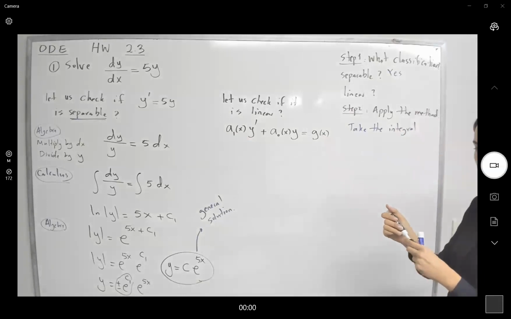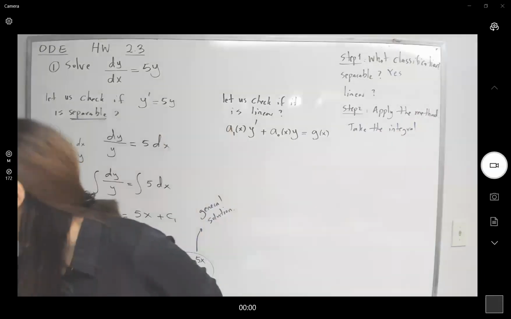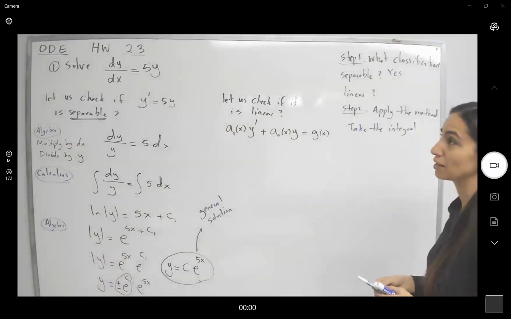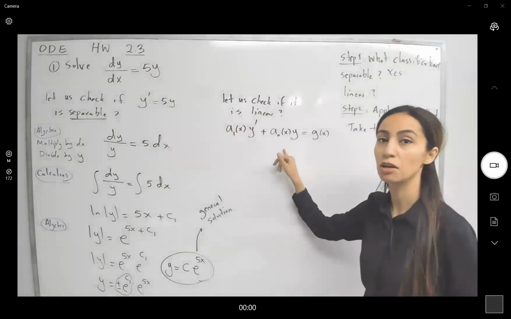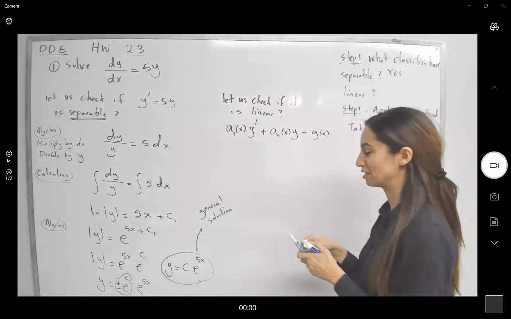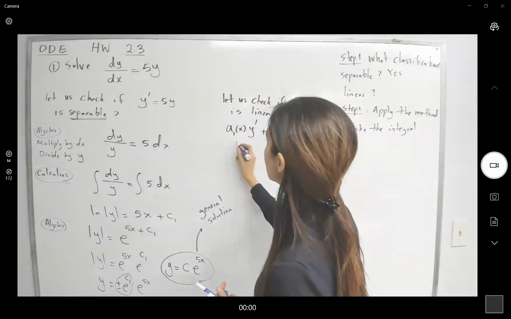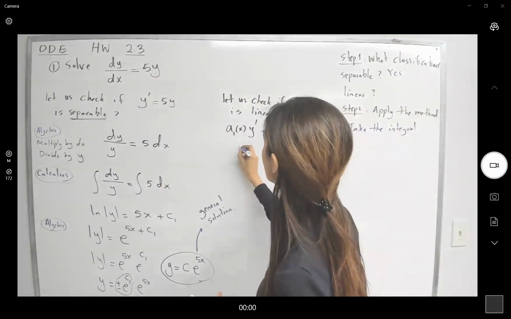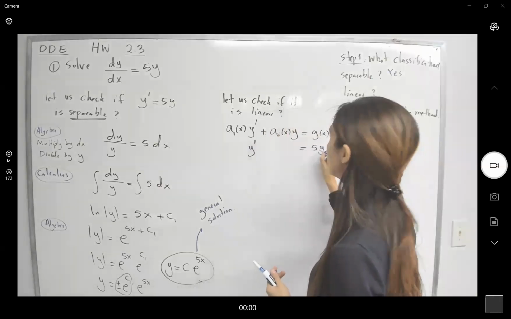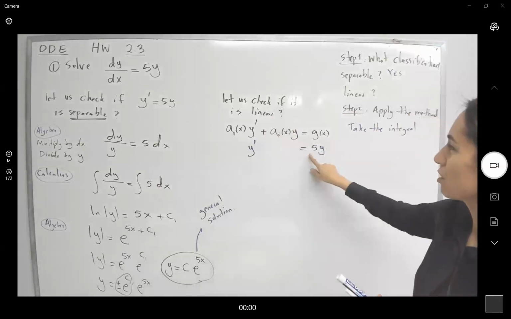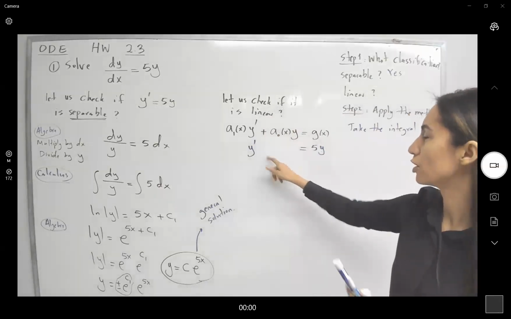I'm going to use a different color. Is it linear? Take a look at this. We're trying to compare this differential equation with the general form, general pattern. Here we get y prime equals 5y. So first of all, do the subtraction and bring 5y to the other side.